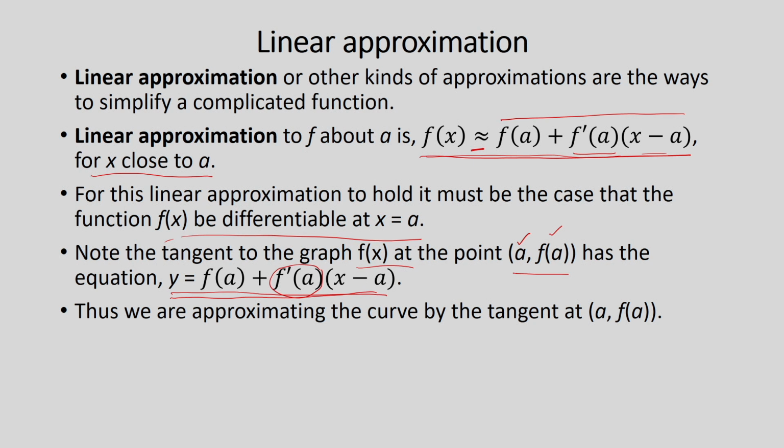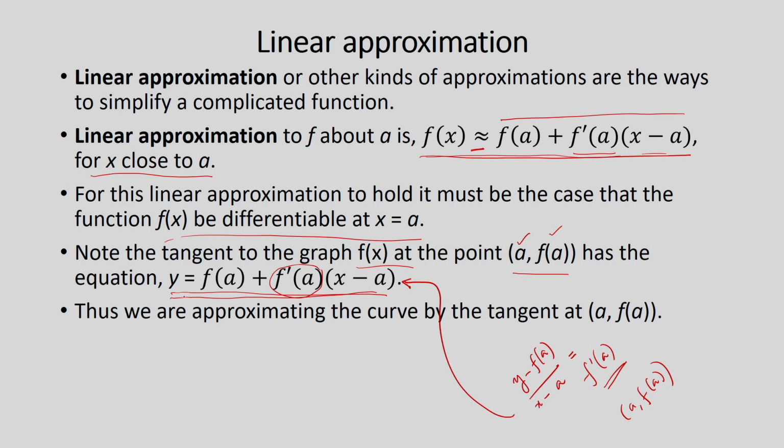So, from this identity, y minus f of a divided by x minus a is equal to f prime of a, you will directly get this particular form. We know that the point a, f of a is a point on the tangent, and that f prime of a is known to us, and therefore the slope of the tangent is given by this.